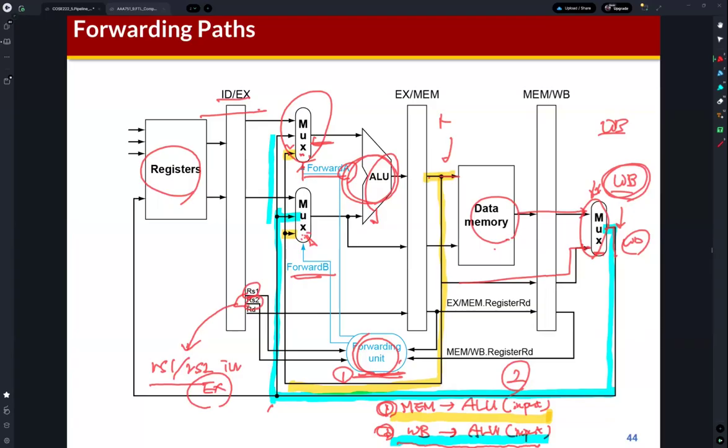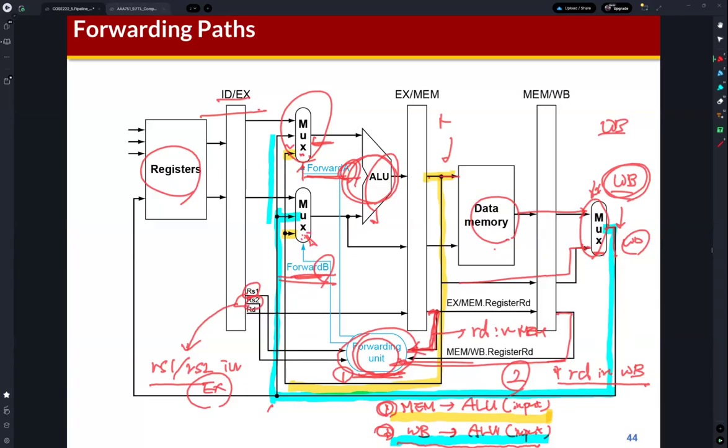And then, as you can see, this one is the RD in the memory stage, and this is the RD in the write back stage, right? So it receives these signals, and then the forwarding unit generates the ForwardA and ForwardB signals.